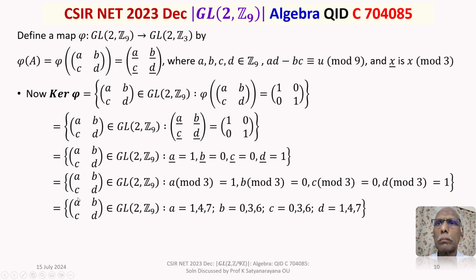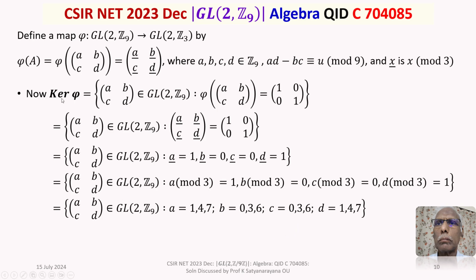So A takes 3 values, B takes 3 values, C takes 3 values, D takes 3 values. And you can check these are non-singular in the sense of GL2Z9. When you take their determinants, they will turn out to be a unit.